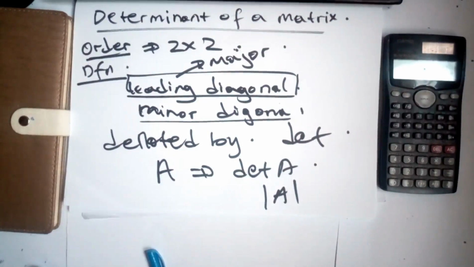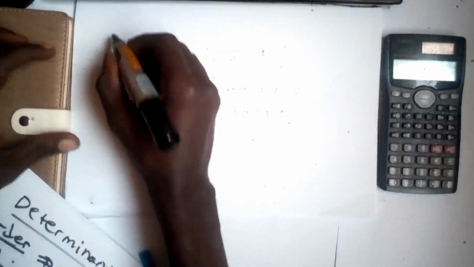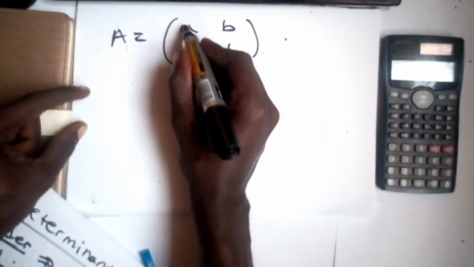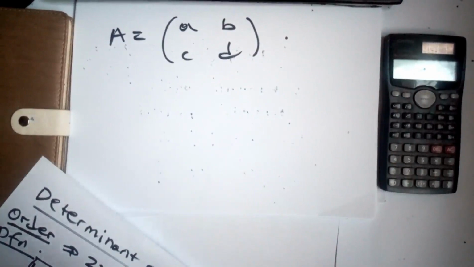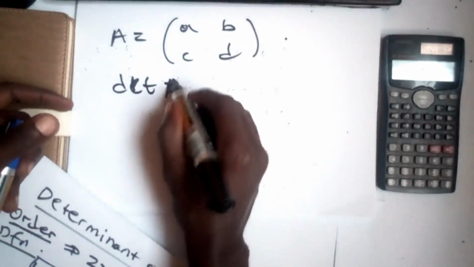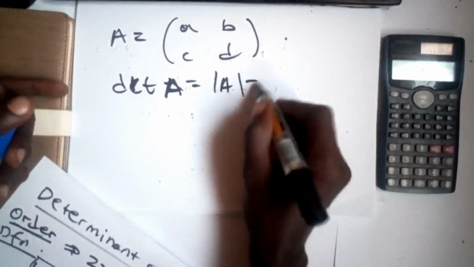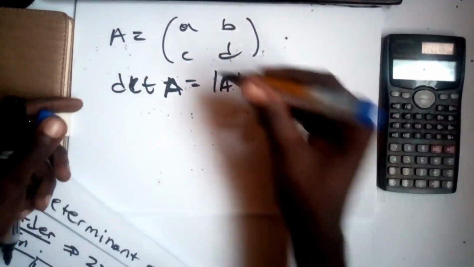Let's have a more general way of representing a matrix. Let's consider a matrix A, which has entries a, b, c, d, where these are entries in the leading diagonal and the minor diagonal. So now, to get the determinant of A, we say it's det of A. You can also call it determinant of A, and this is the product of the entries in the leading diagonal.